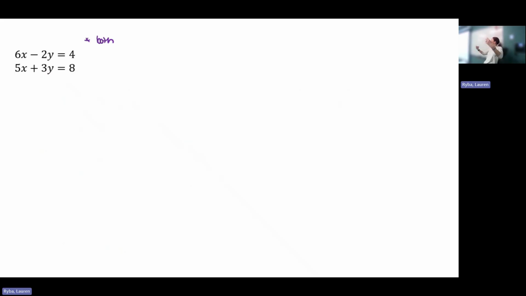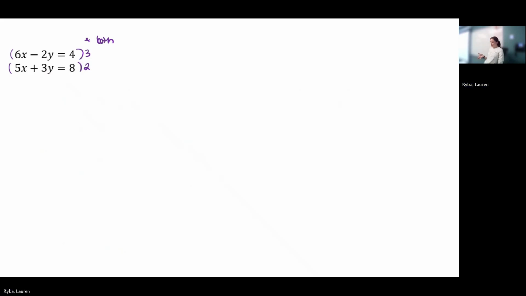Generally, I still tend to go towards the ones that are already opposite signs so that I will be able to just vertically add once I multiply. So I've got 2y and 3y. The quickest way to do this is you multiply by the other. So I would multiply the top by 3 and the bottom by 2.